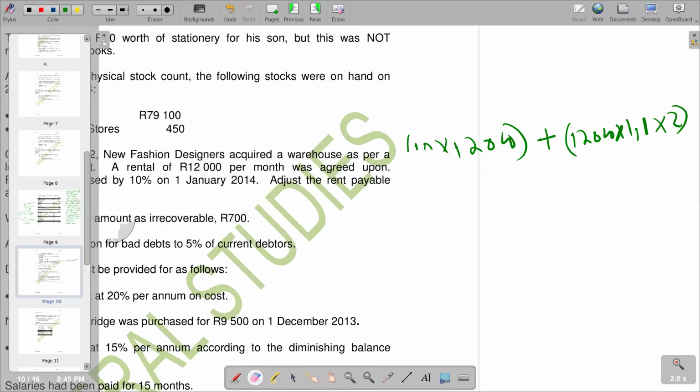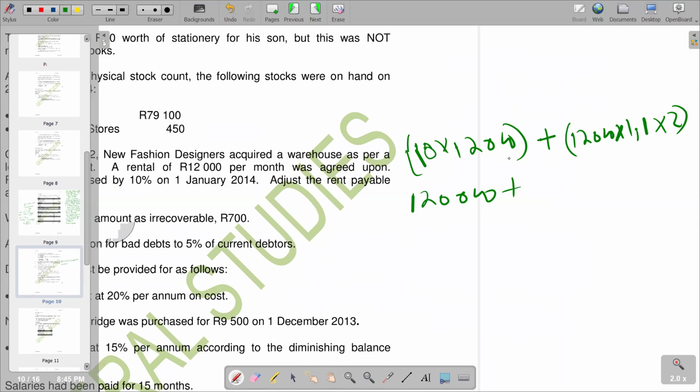So here we're seeing 10 times 12,000, then we're going to get to 120,000. And then you calculate there, whereby you are seeing your 12,000, you multiply by 1.1, and then you multiply by 2.